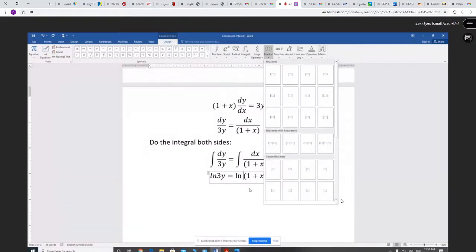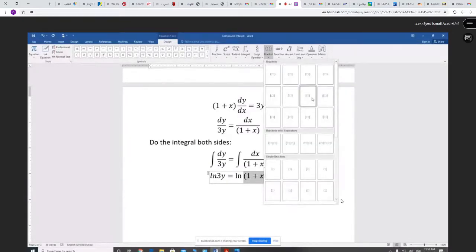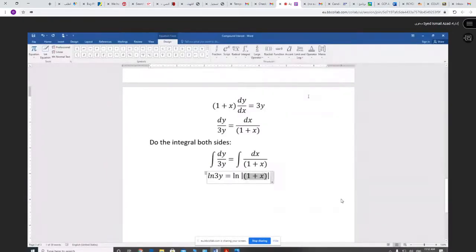Okay, I think I found it. Yes, like this. Okay. Plus ln c. So when you find the integral, constant of integration is always there.